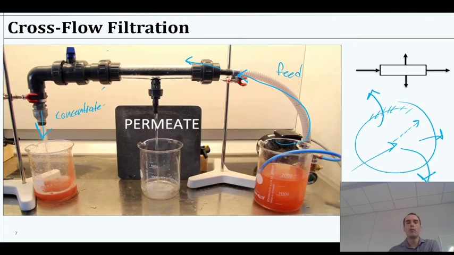And what we have over here is a pressure valve to pressurize it. It's going to prevent most of the water from coming through to the concentrate. And then the other thing we have is a kind of clear plastic lining outside of the membrane tube that's collecting all the permeate water.